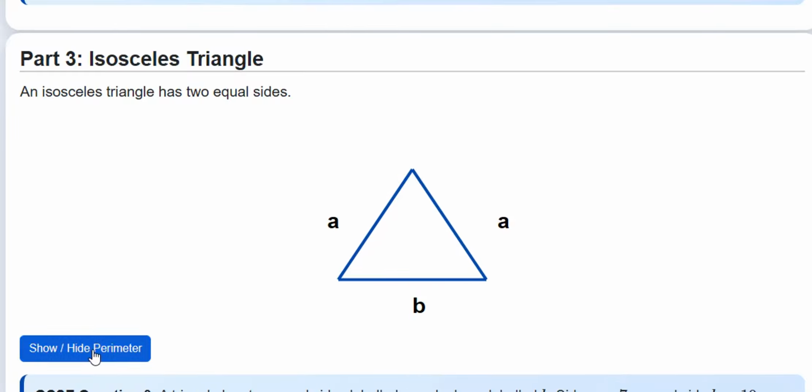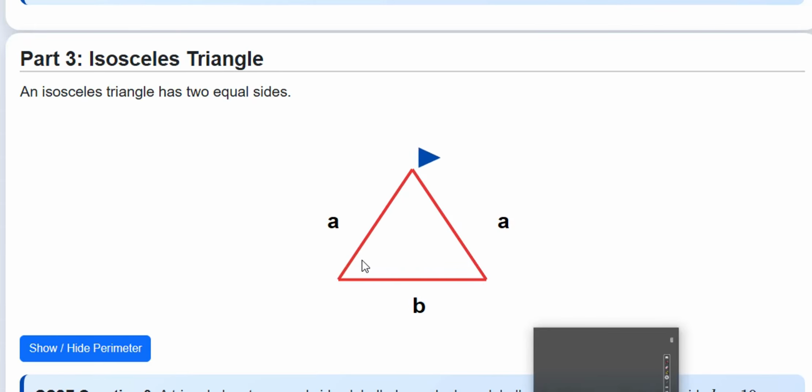So to find the perimeter for this, of course, we said perimeter is the distance around the triangle. So to find this, we need to take all the sides. But you see, in this case, two of the sides are equal, so we can do it like this.